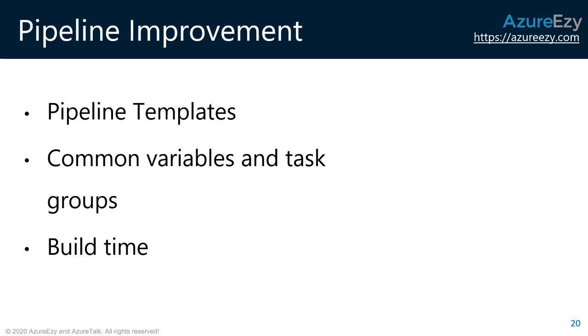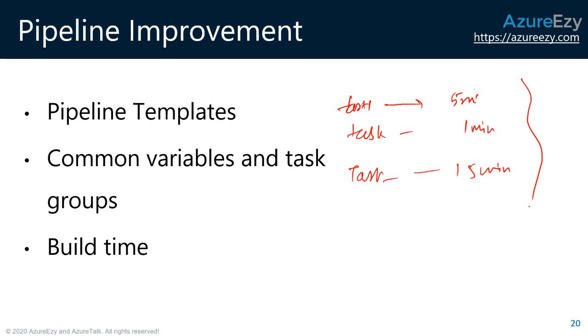So suppose task one is taking 5 minutes, task two is taking 1 minute, and task three is taking another 15 minutes. I'm just giving an example. In total you have 21 minutes of build.